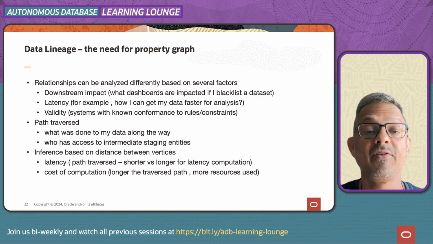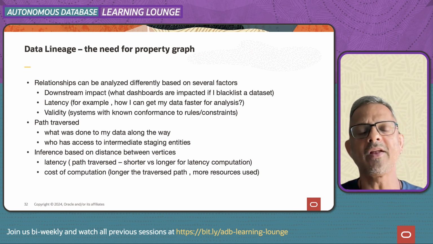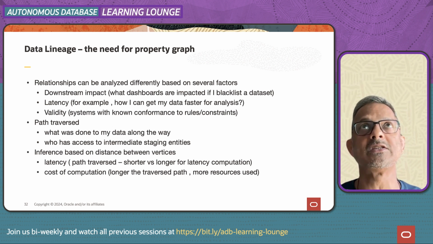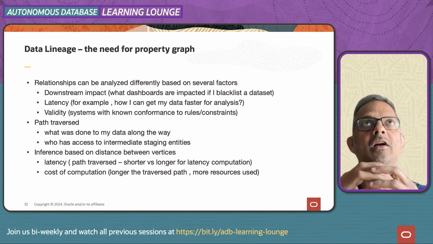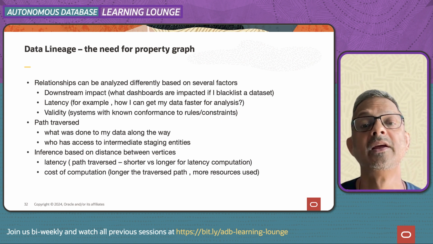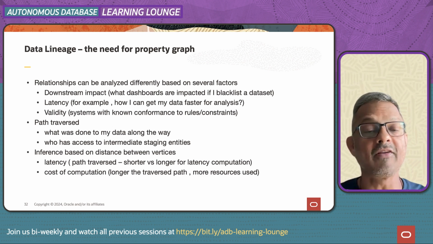You can also make some very interesting inferences based on distance between vertices, right? So you can, for example, simply say that the longer the distance between two vertices, which are both data sets, the more convoluted or more complex, the more resource consumption that happens to process the data, right? So there are very interesting things.